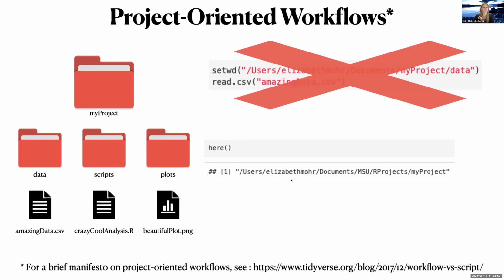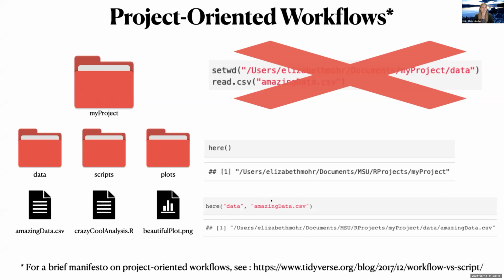In this example, I'm working on an R project called my project, and the here function returns this file path. But if you were to have this same folder on your computer and you created a new project in RStudio with this folder as your working directory, the here function would return a different file path name according to where the folder was stored on your computer.